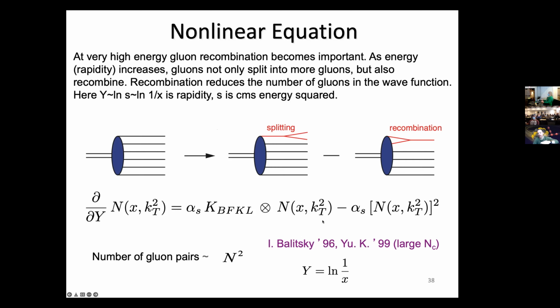But n, as a result of this evolution, will grow. And then when n gets larger and larger, eventually this quadratic term becomes more important. And that's not a model. It's just a result of calculating these recombination diagrams, which are always there, but initially they were not important, and then they become important and bring in the saturation effects.